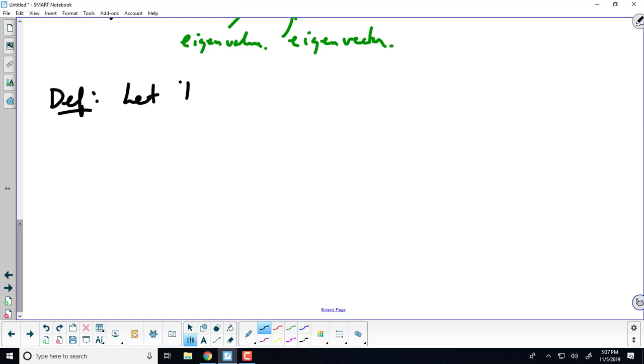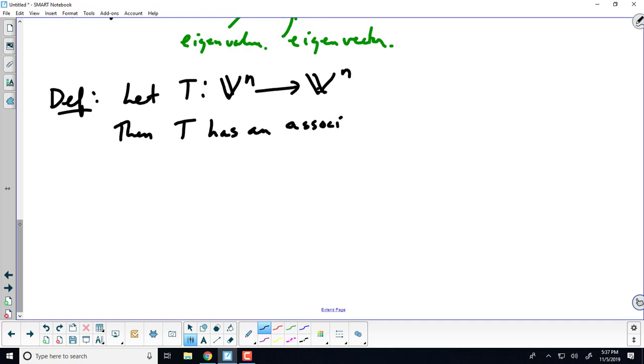Let T map from a vector space to itself. I'm just going to do this for finite dimensional spaces, so that's why I'm putting the n on there, so we know what the dimensions are. Then T has an associated matrix A, which is n by n.